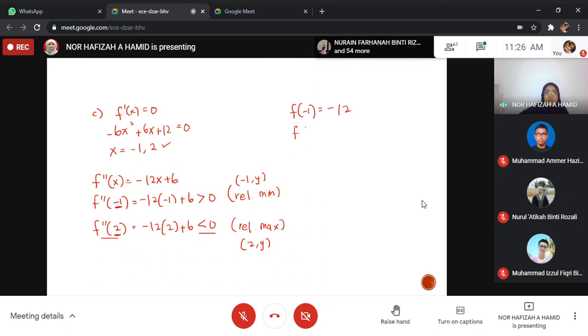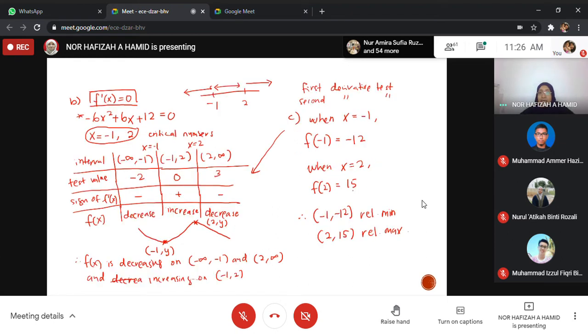Substitute 2, you akan dapat 15. Nanti dapat 2 point juga, (-1, -12) is a relative minimum, and (2, 15) is a relative maximum. Sama je result dia kalau you use first derivative test. You dapat point yang sama.